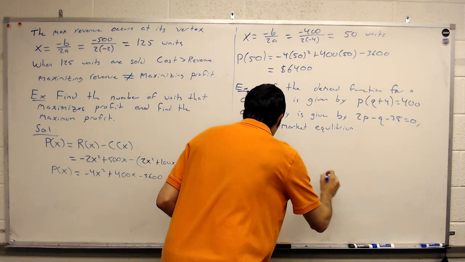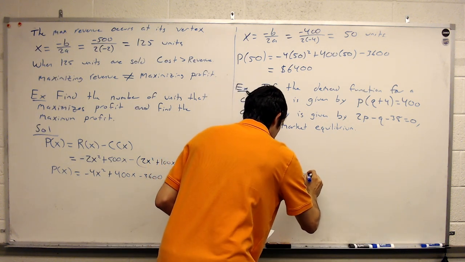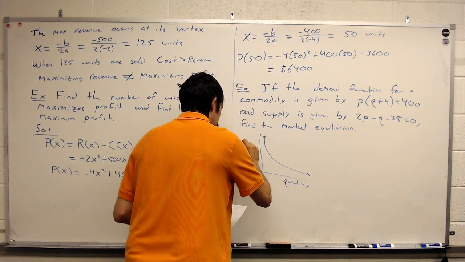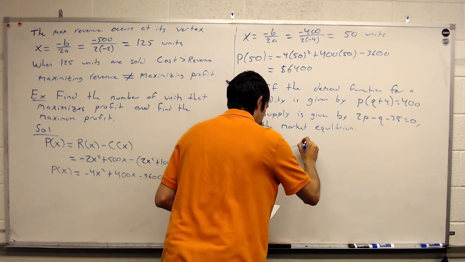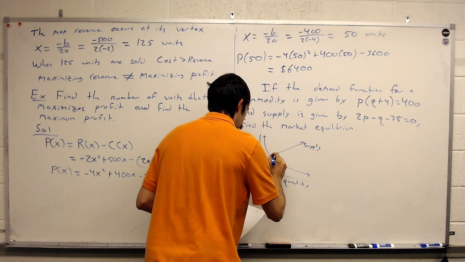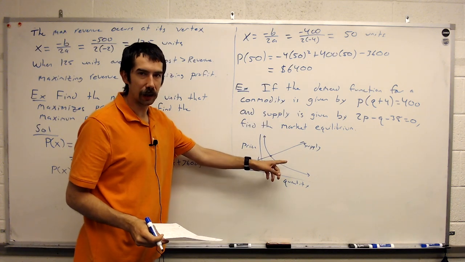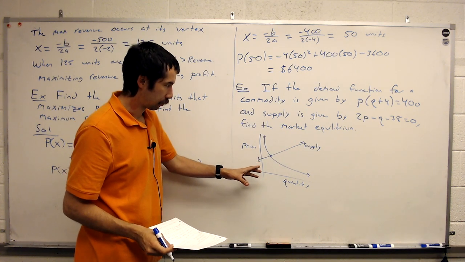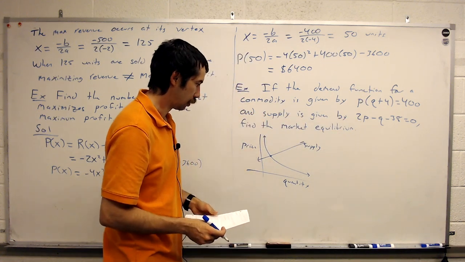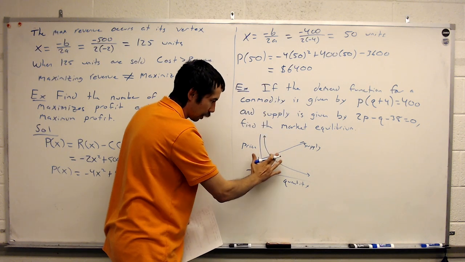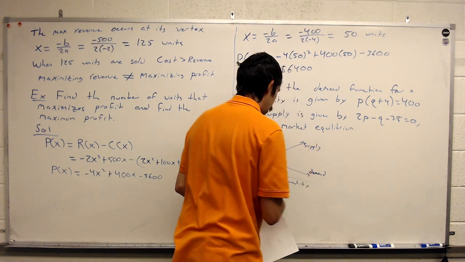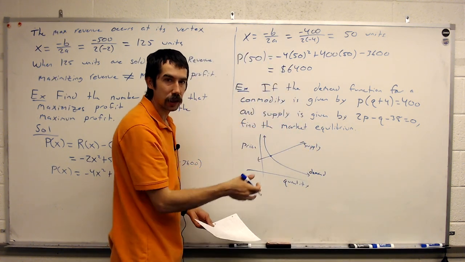It's when our demand curve and our supply curve intersect. If we were to graph this, this is actually a line still, but that's okay. We have our demand curve, we have our supply line, and we want to find the quantity and price when these two curves intersect.